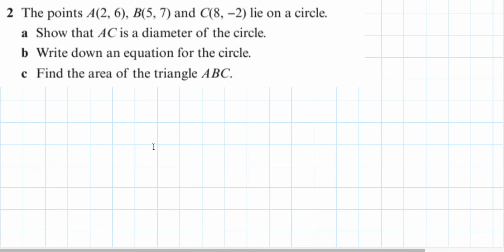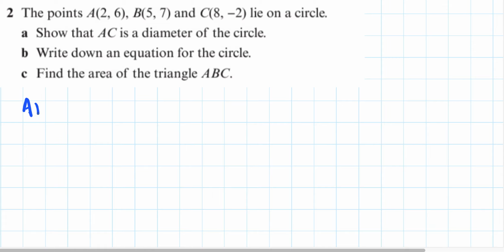So to show that it's the diameter of the circle, that must mean that B is the right angle. So this must mean it's a right angle triangle. So again, I'm just going to work out AB and BC, and then AB squared plus BC squared is equal to AC squared.